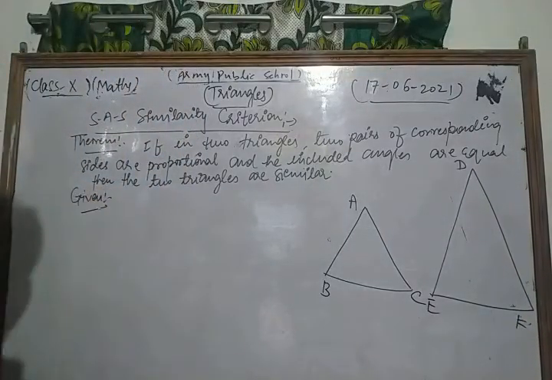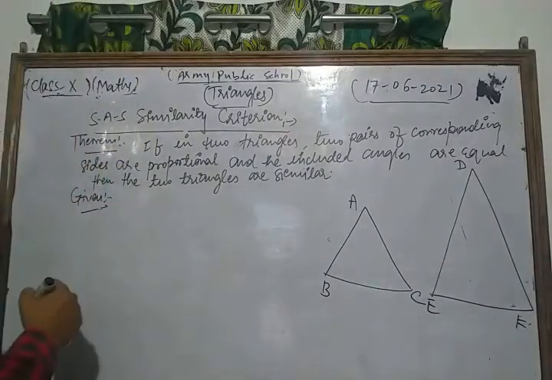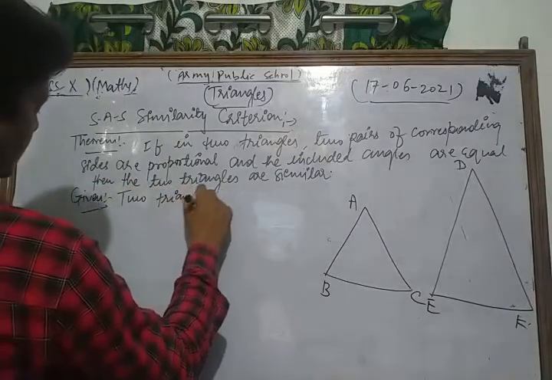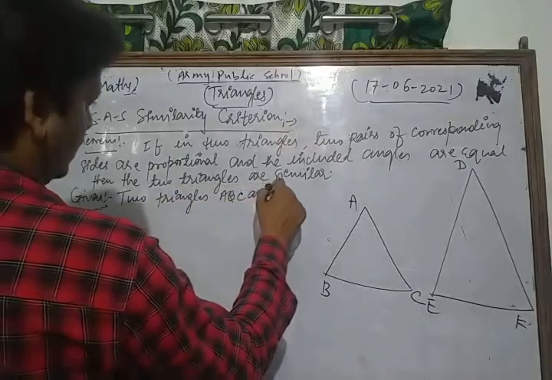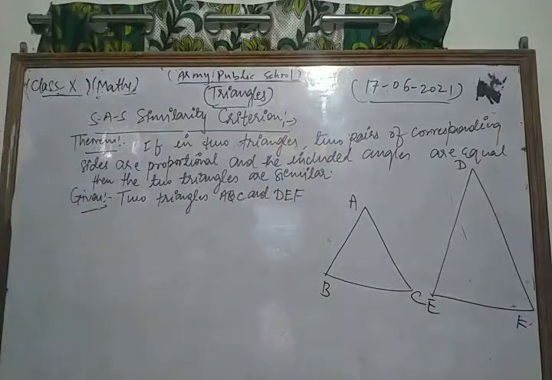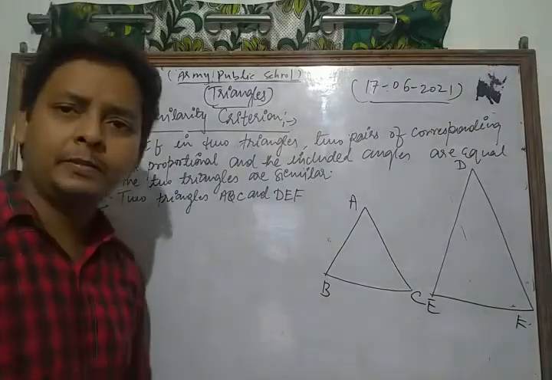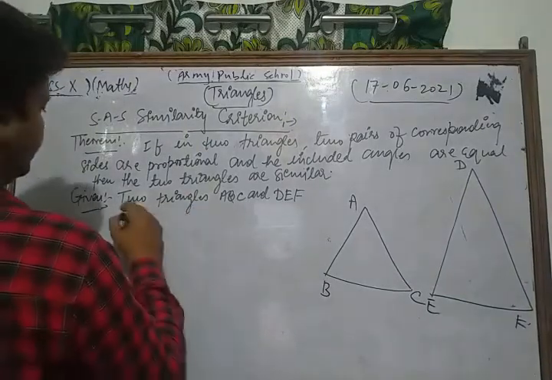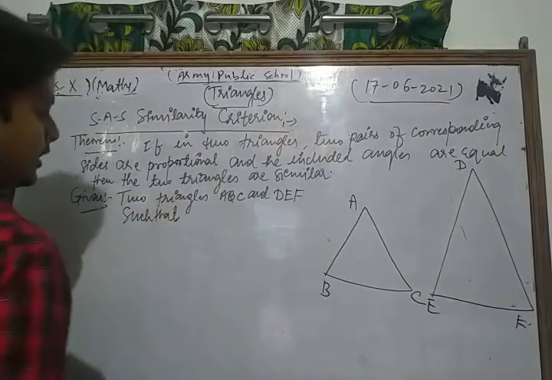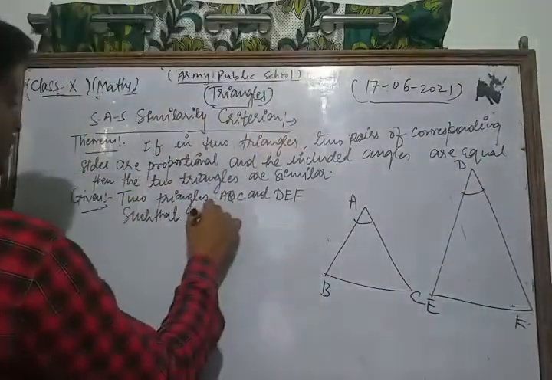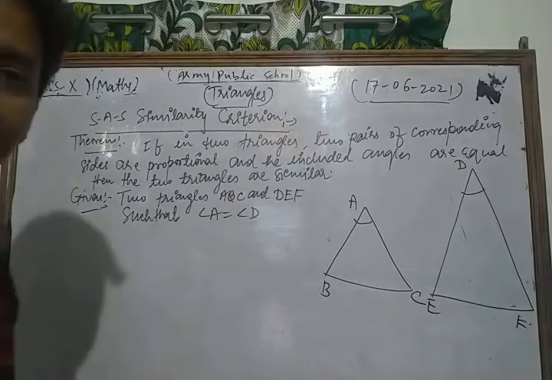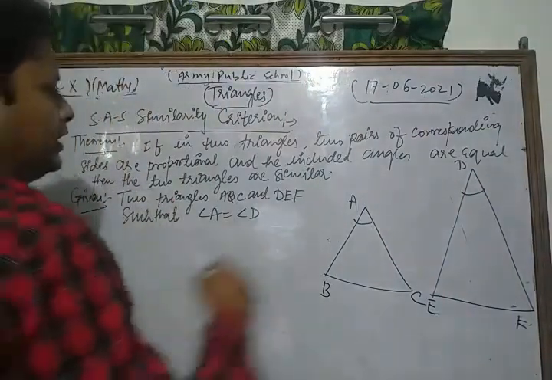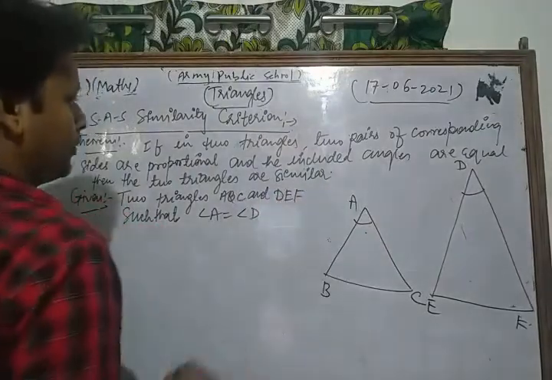In given we write two triangles ABC and DEF such that angle A is equal to angle D, and according to the theorem two pairs of corresponding sides are proportional.